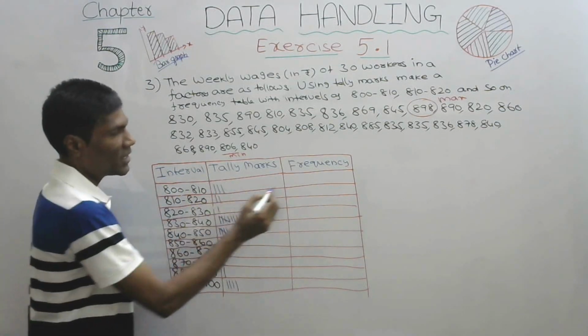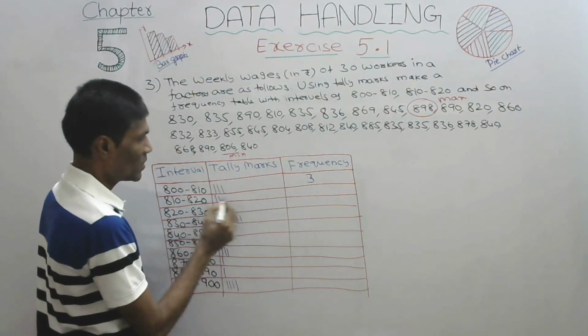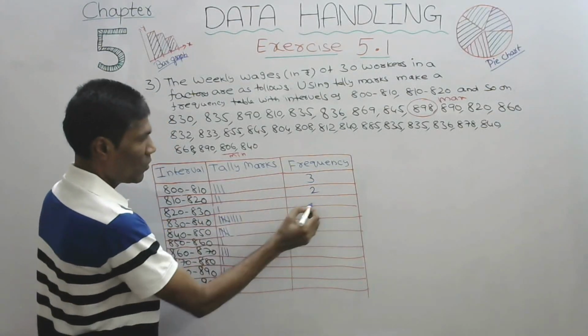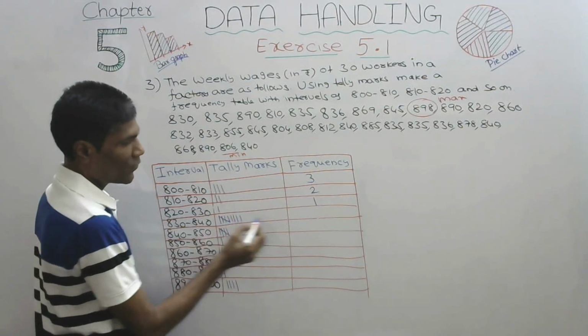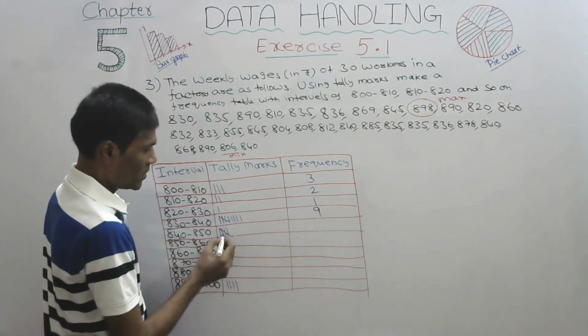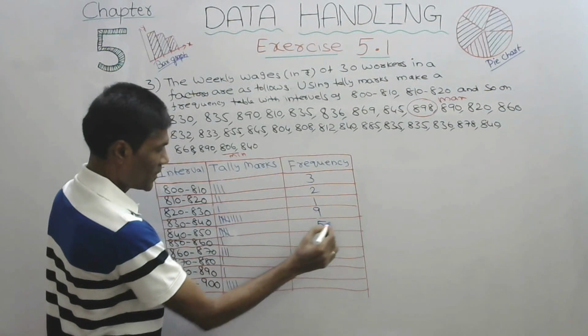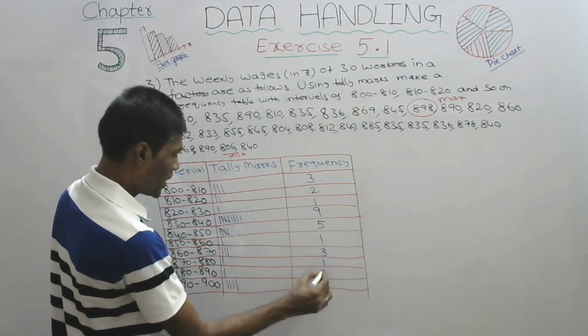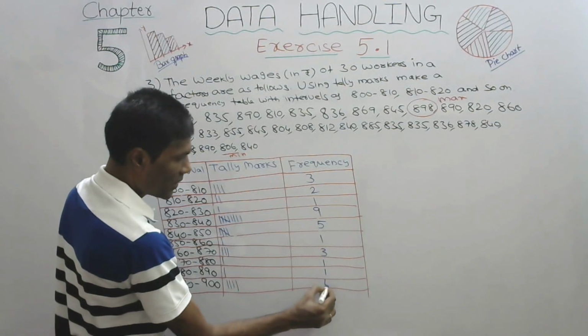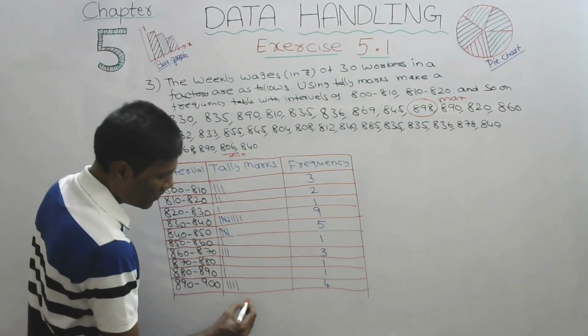Now how many are there? 3, 2, 1, 5 and 4, 9, 5, 1, 3, 1, 1 and 4. Total.